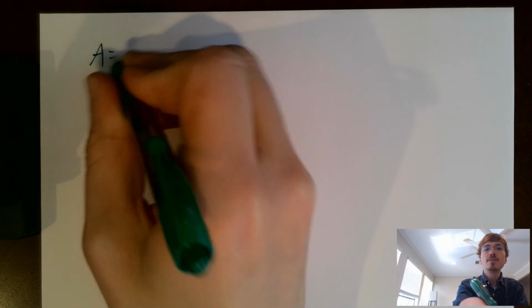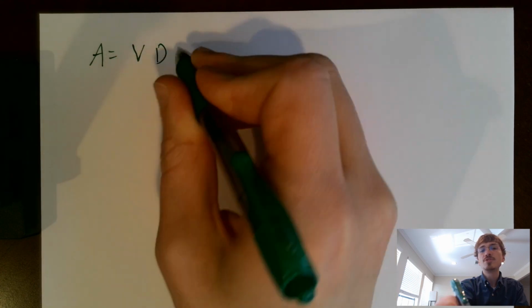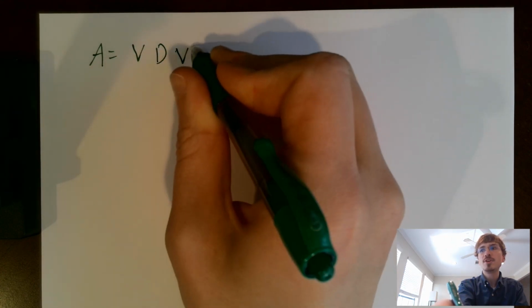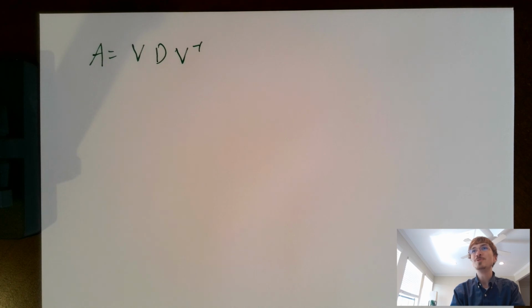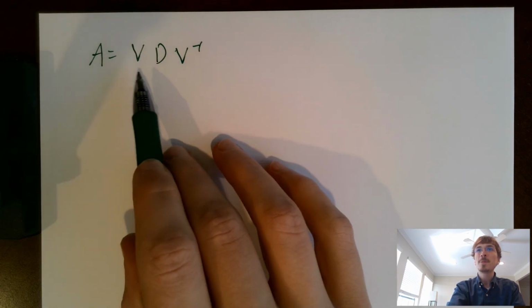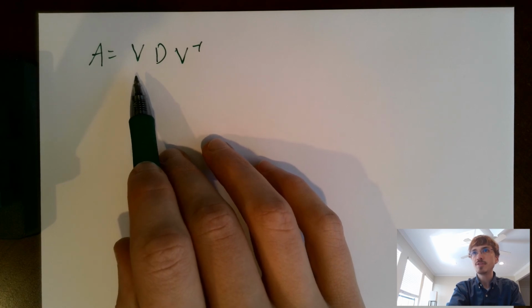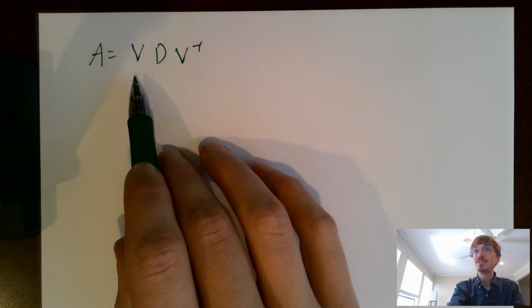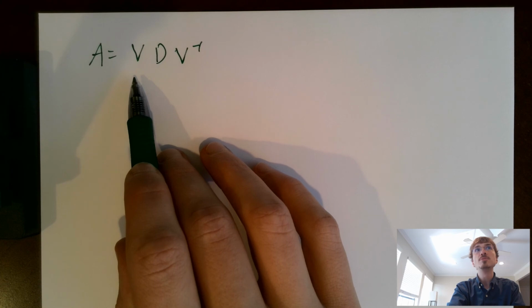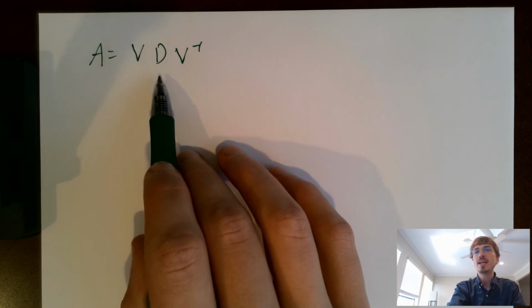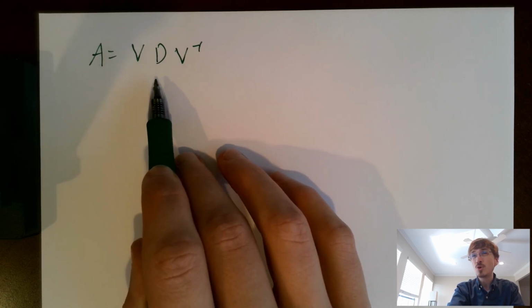Remember that we now know that it is diagonalizable, so it does admit a similarity transformation of the form A equals V D V inverse. V is going to be, as we showed, the matrix of our eigenvectors. Yeah, you pick your basis for each eigenspace, you throw those in the columns of V, and D is going to be a diagonal matrix with only the eigenvalues along the diagonal.